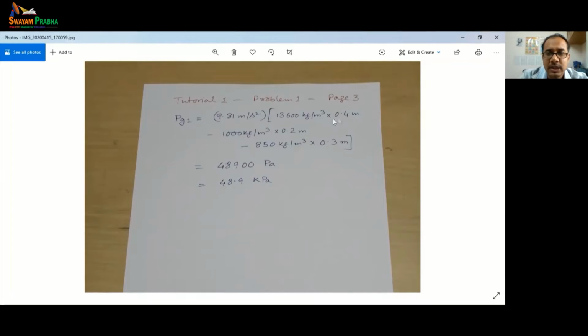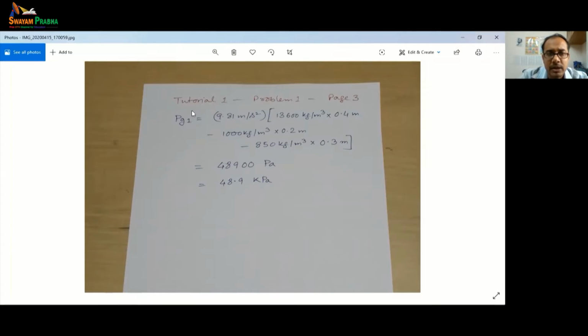So ultimately you can find out a mistake by looking at the consistency of the unit system only. Anyway, this is the SI unit. So what you are going to get is the SI unit of pressure, which is Pascal, which is basically Newton per meter square. That's the number 48900, and you can convert it to a more convenient unit, which is kilopascal, 48.9 kilopascal. Approximately atmospheric pressure is 100 kilopascal, so it is about 1.5 atmosphere or 1.5 bar approximately.